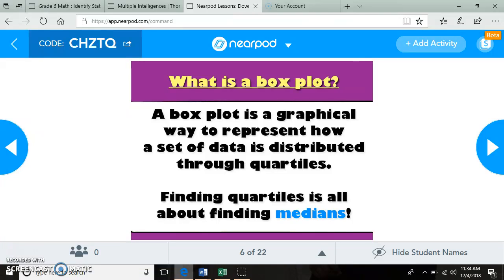That is why we did our entry ticket over learning about medians again. So since we know medians, this is going to be easier than if we didn't know what it was. But you guys probably should be wondering, well, what is a quartile? And that is what we are going to talk about next.